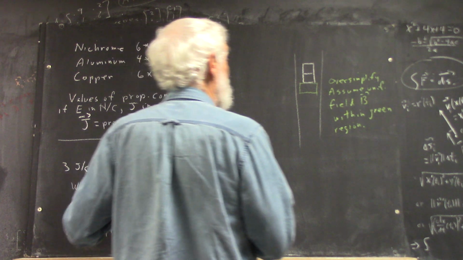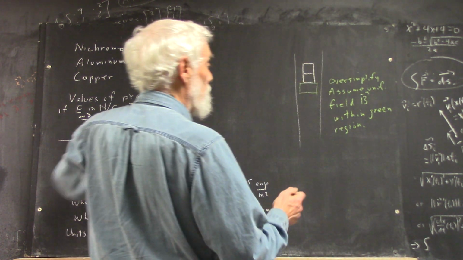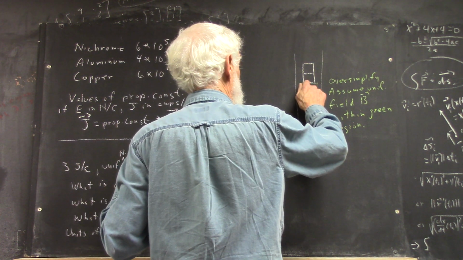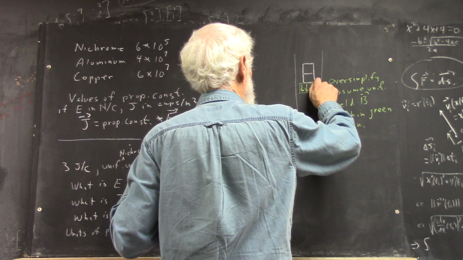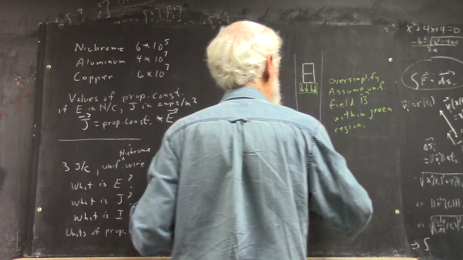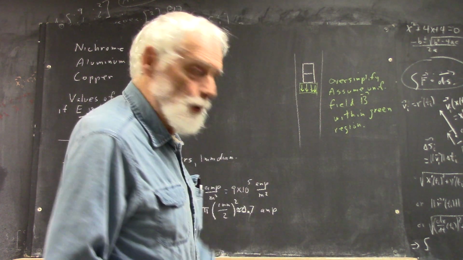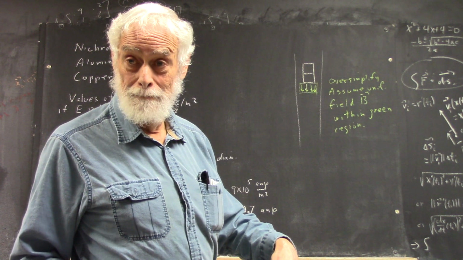Now, anyhow, we oversimplify by assuming a uniform magnetic field, and it's going to be a uniform magnetic field directly away from the axis of the magnet. Okay?